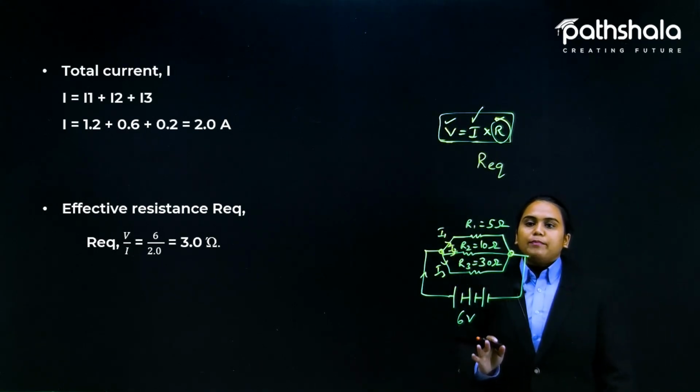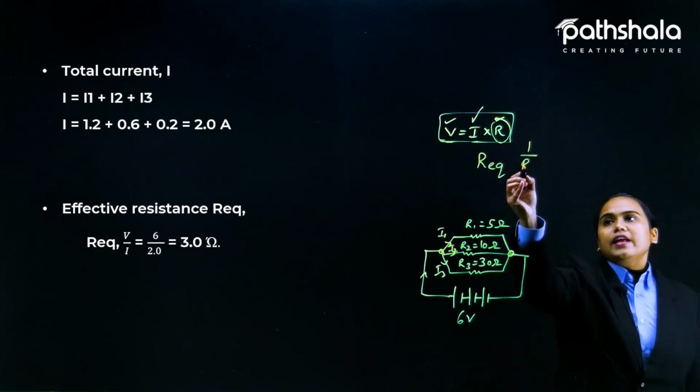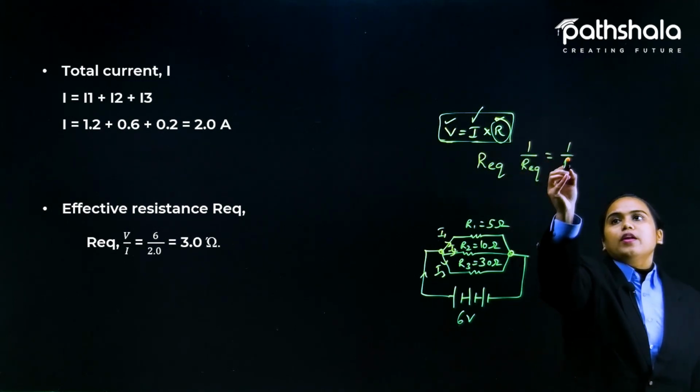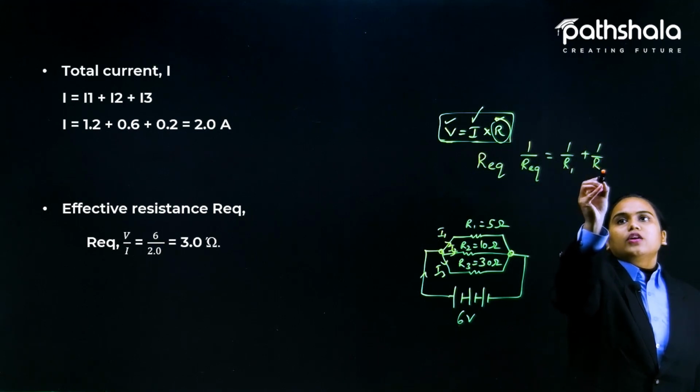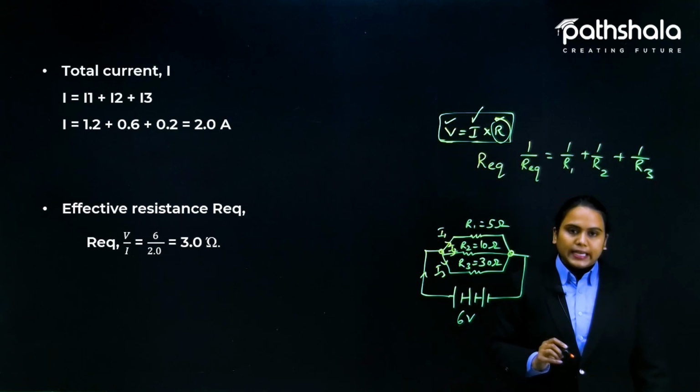One more method you can use is that you know the formula for R equivalent: 1 upon R equivalent is 1 upon R1 plus 1 upon R2 plus 1 upon R3. You can find it like this directly.